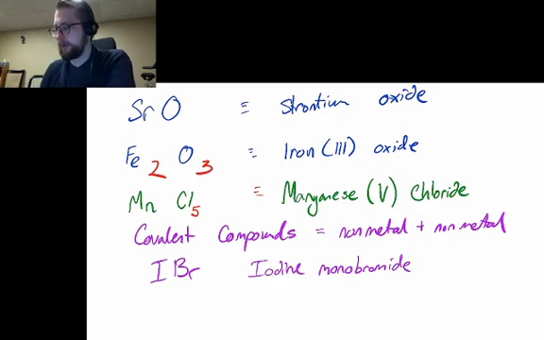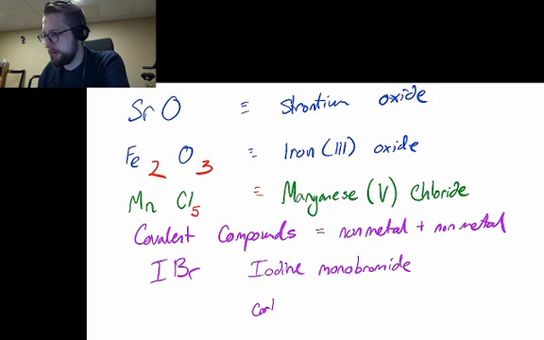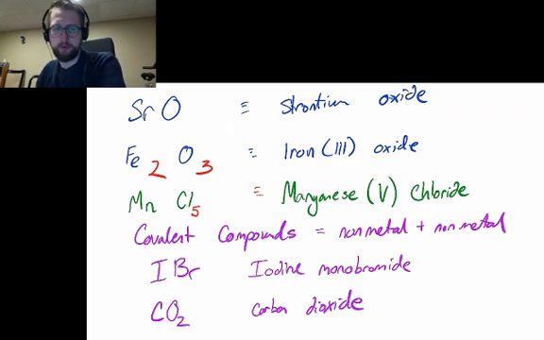Monobromide. By the same token, we can reverse the process. Let's take something like carbon dioxide and break that down. So we know that there's going to be a carbon here, and then the dioxide suggests that there are two oxygens.